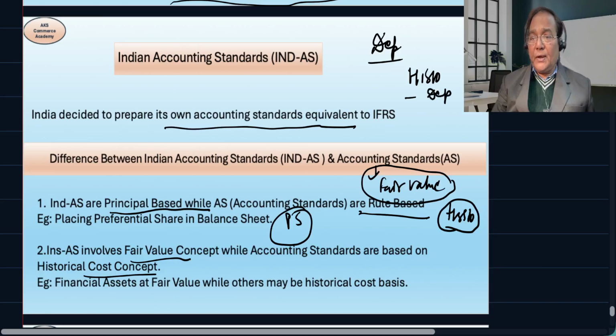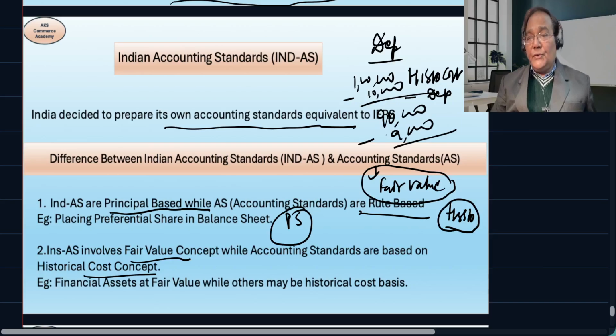So if supposedly a building or plant was purchased at 1 lakh rupees, in the first year, if it is 10% depreciation, it is 10,000 rupees of depreciation. Then next year, 90,000 minus 10% of this 90,000, which is 9,000, and so on.